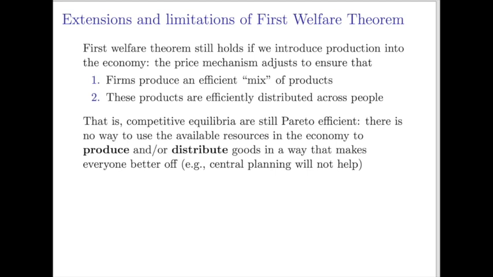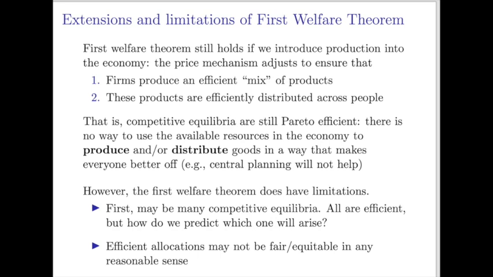So the competitive equilibrium that's going to result, even when you have production, is going to be Pareto efficient. So it says that there's no way to produce or distribute goods in a way that makes everyone better off. In other words, central planning isn't really going to help. You can't do better by central planning than you can by just letting the market work.